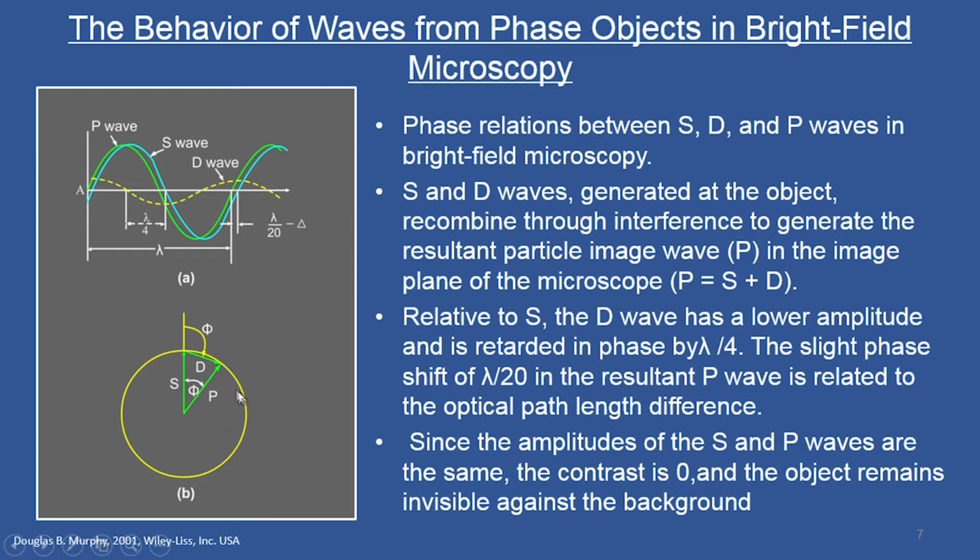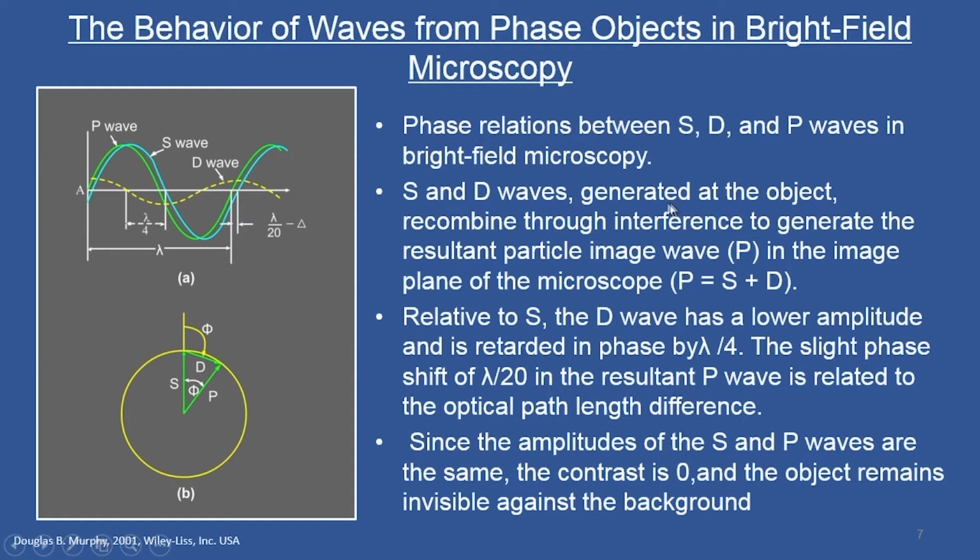If it is phase retardation, it is in the clockwise direction, and if it is phase advancement, it is in the anti-clockwise direction. So, whatever we have seen in A is represented in polar coordinates in B.